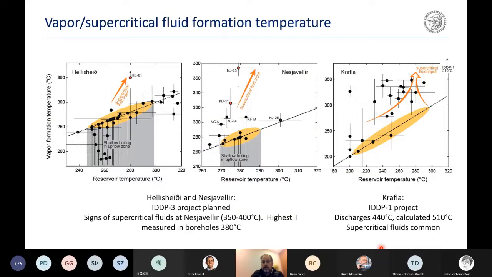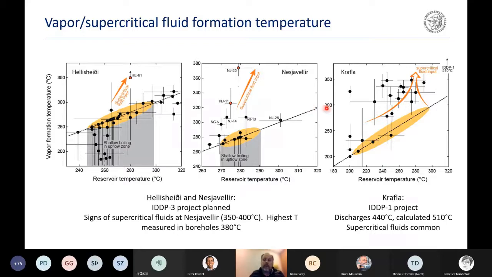I'm not going to show exactly how to do this because it's a long iterative thing, but we can calculate based on this the vapor formation temperature in these excess enthalpy boreholes, and we can compare it here with the reservoir temperature of the conventional exploited geothermal system.